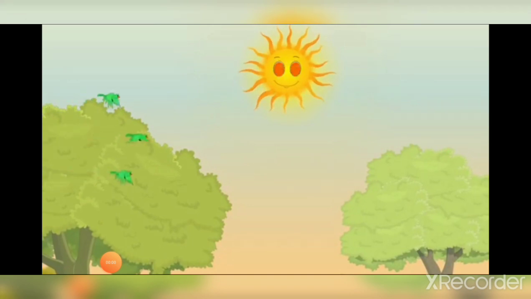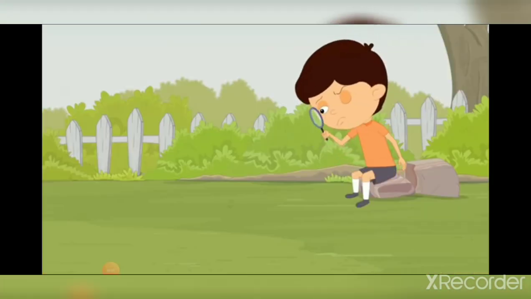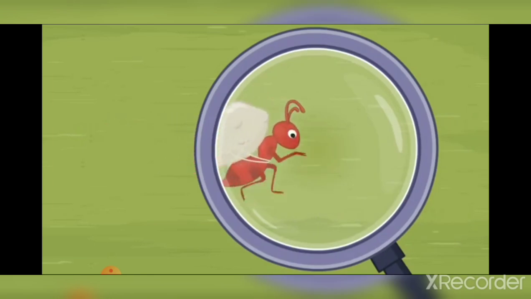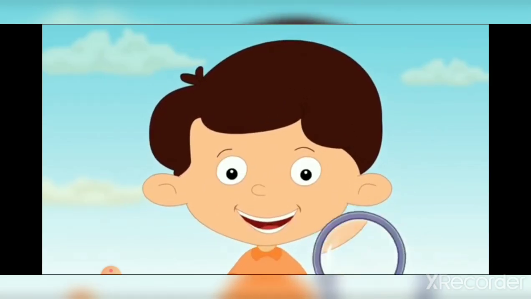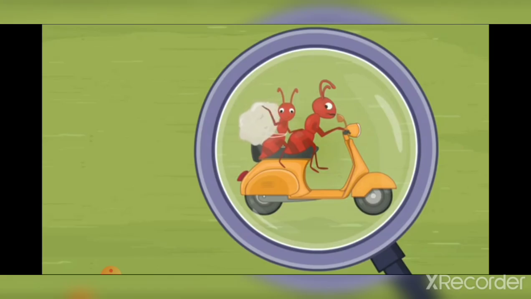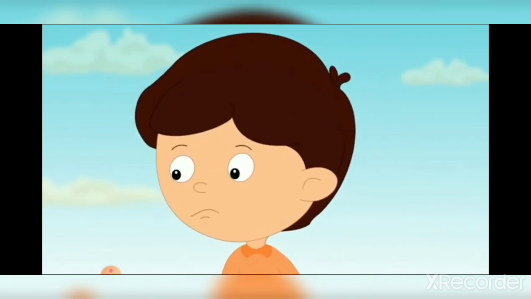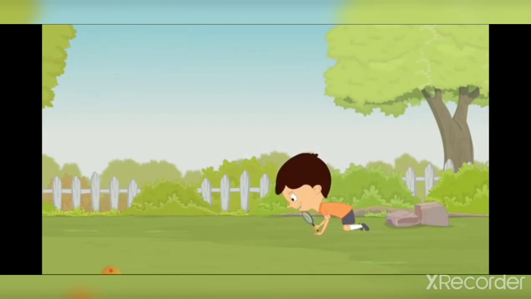Now let's see a story of a boy. In this story, you see how a plant prepares food. Now one boy is looking at things through a magnifying glass. You can see here that he is watching a little ant. This glass is used for seeing little things.